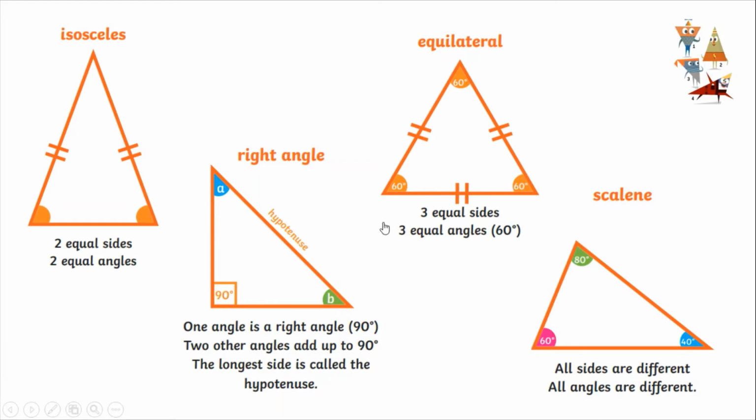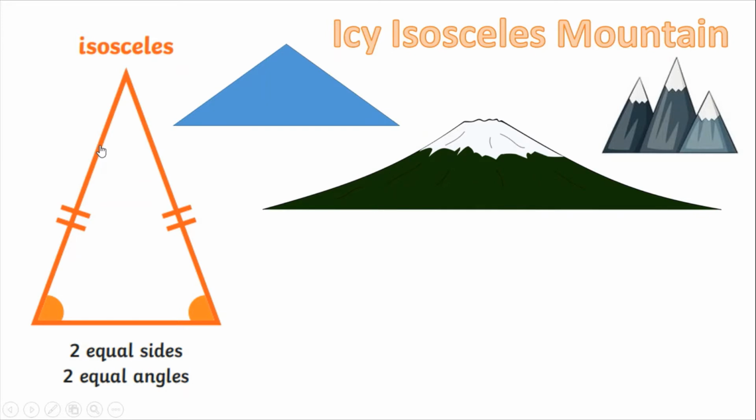Okay, we're going to go on to isosceles next. Isosceles, that's a very funny name. So we've done equilateral, where everything is equal, and now we're going to do isosceles. So an isosceles triangle has 2 equal sides and 2 equal angles.